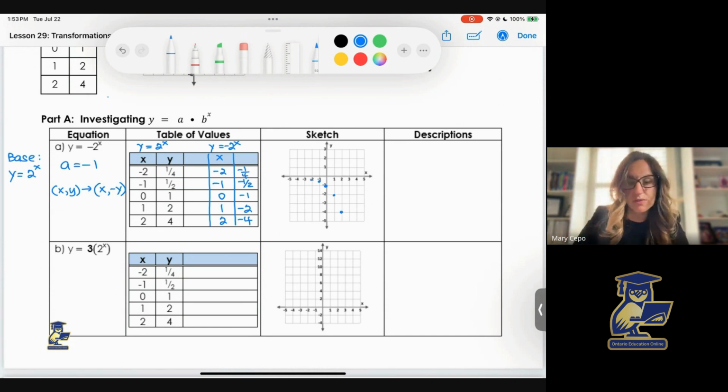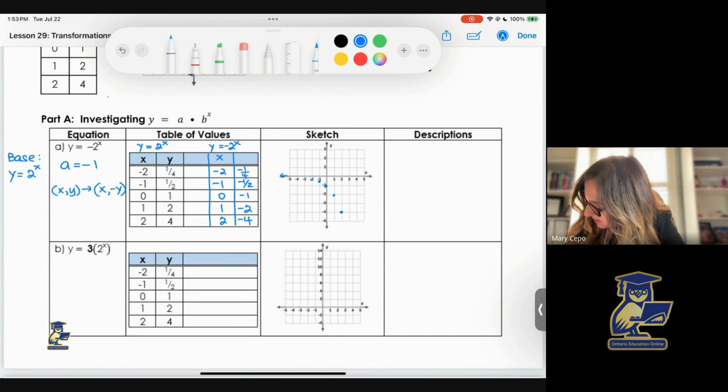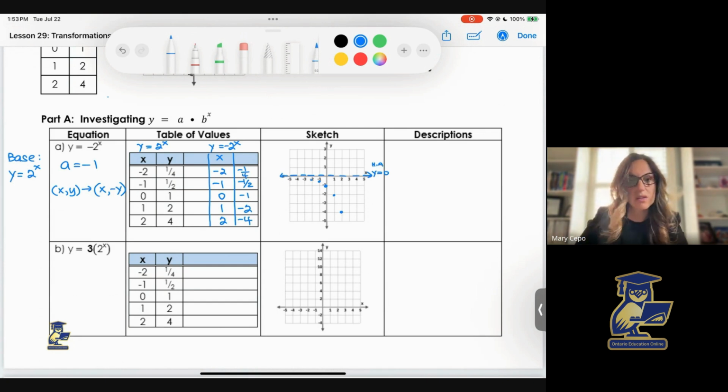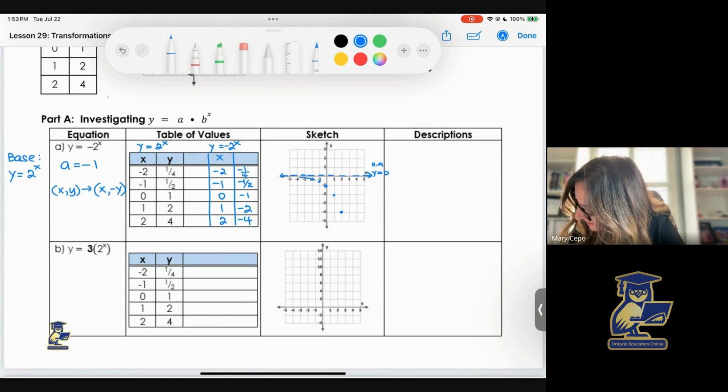Before drawing any of these functions, again, we want to make sure we identify the horizontal asymptote, in this case at y equals 0. That's kind of our guideline, because we know with the exponential function, it gets close to the asymptote, but it never crosses it. So then connecting, this would be y is equal to negative 2 to the x.